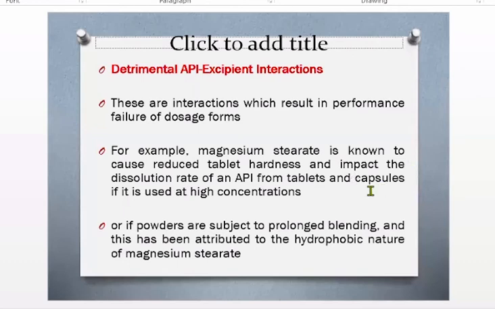Earlier, I was mentioning that if you use magnesium stearate, a hydrophobic lubricant, in high concentrations, you are going to turn the formulation into hydrophobic material. So you are going to reduce dissolution rate. Also, if you blend for a prolonged period of time, you can also have a negative impact on the dissolution.